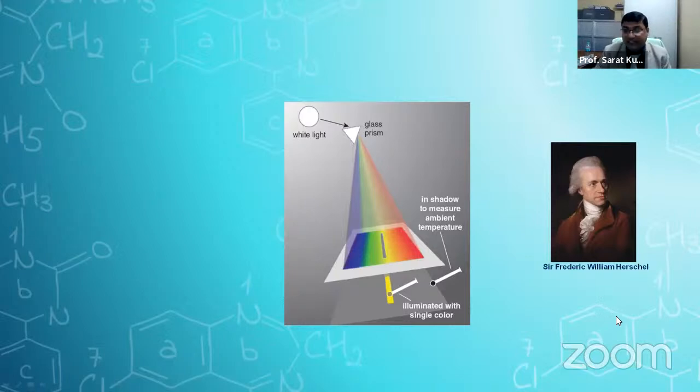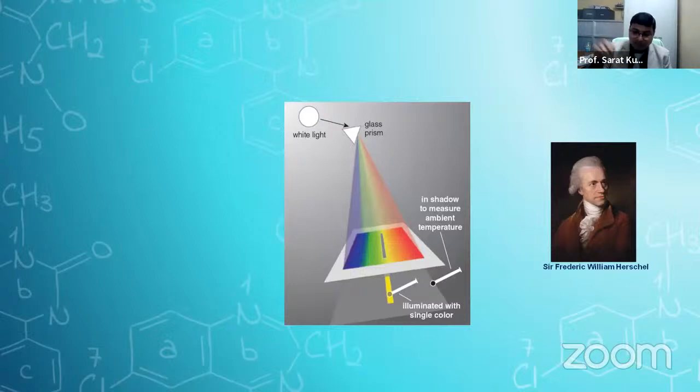Later he found the heat came just above the red, because you know from violet to red is the region of the rainbow, or you can say the visible spectrum. It starts just above the red. He felt the heat. Then he put a thermometer and did a small experiment in different regions of the color.